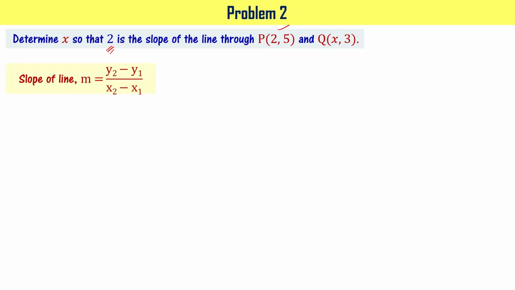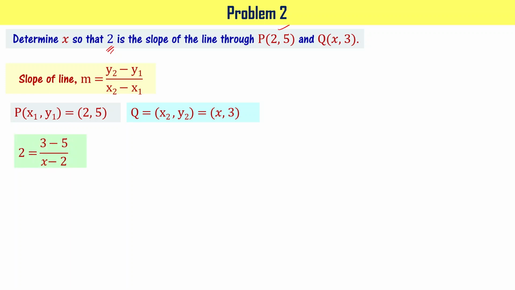We know that slope of a line can be written as y2 minus y1 divided by x2 minus x1, right? Let me say that P is x1, y1, that is (2, 5), and Q is x2, y2, that is (x, 3). When you substitute these into the previous equation, you can say that slope m equal to 2 is equal to 3 minus 5 divided by x minus 2.